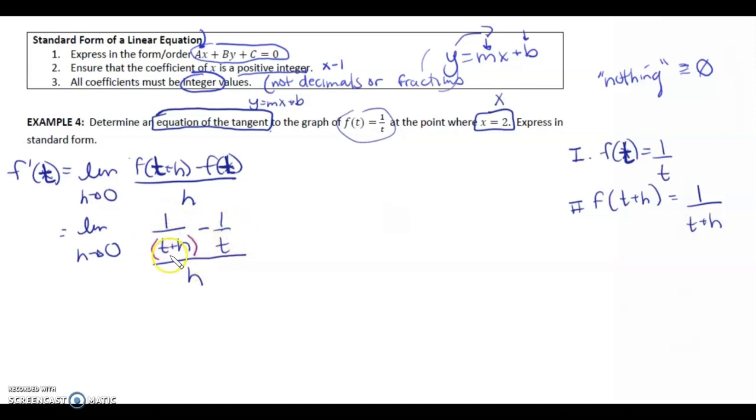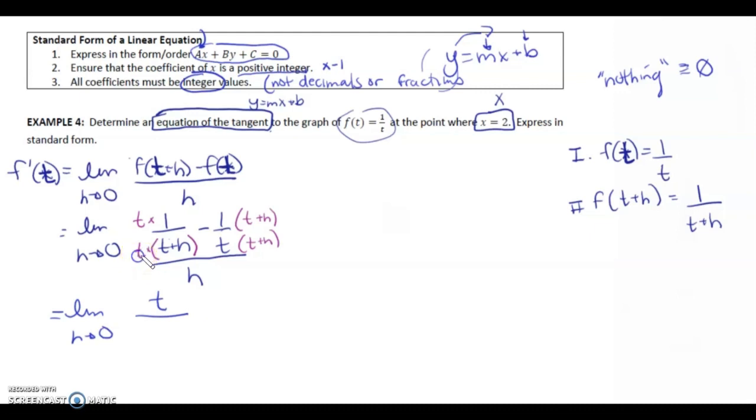So the 1 over t plus h, we're actually going to multiply by t over t, which is the denominator of the second term. And the 1 over t, we are going to multiply by t plus h over t plus h, again the denominator of the first term. Now, let's go ahead and rewrite this. The limit as h approaches 0, for the first term, I'm going to get t in the numerator, and I'm not going to expand this.